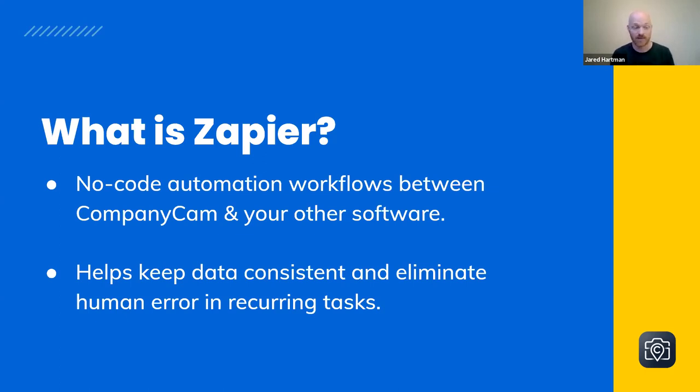And why is this important? Well, it helps keep data consistent and eliminate human error in recurring tasks. And it can save you a lot of time as you prepare those automations within your business workflows. So obviously nowadays with hiring people can be a struggle, and just saving time is always important, right? Making your business more efficient.